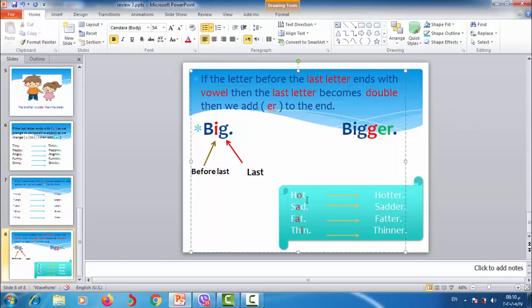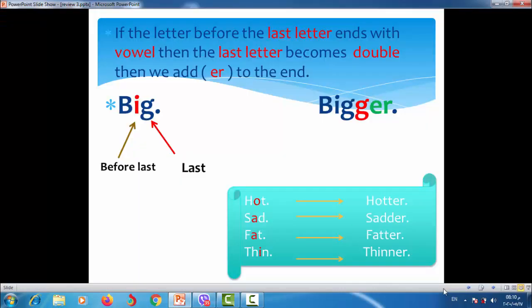Big, bigger. The same thing to hot. Hot ends with T, and the letter before last is O, one of the vowels, and the last letter becomes how many?